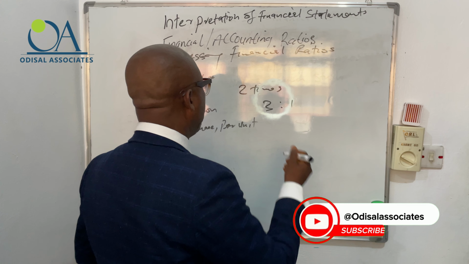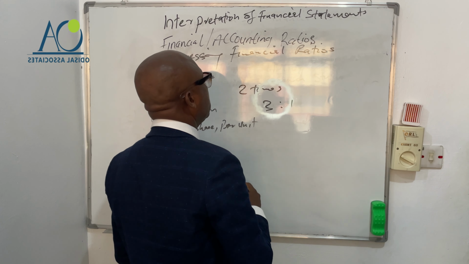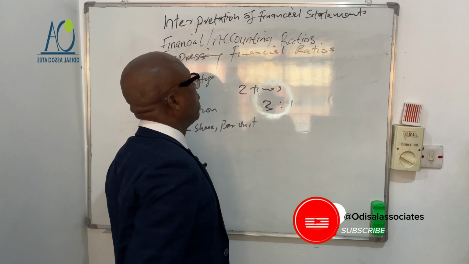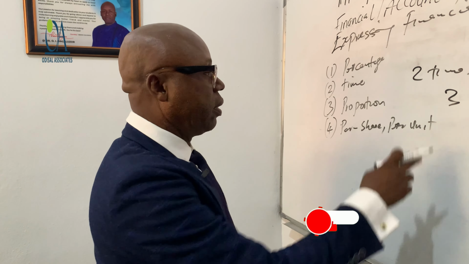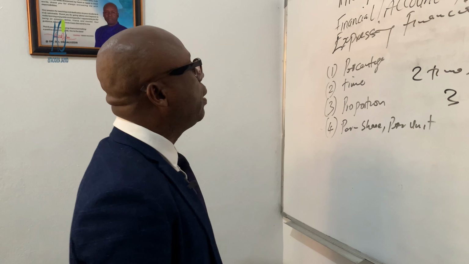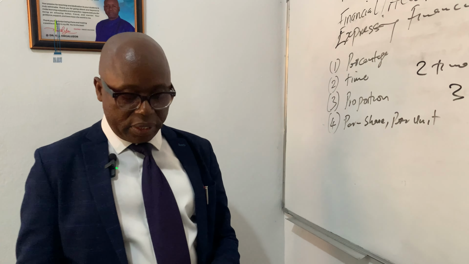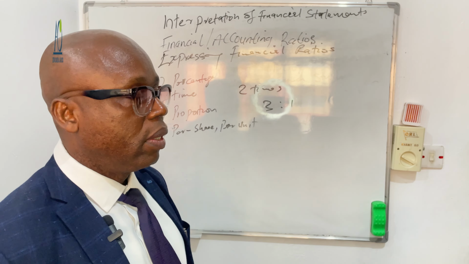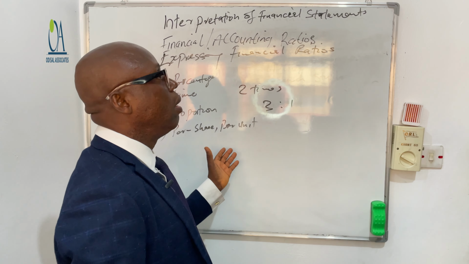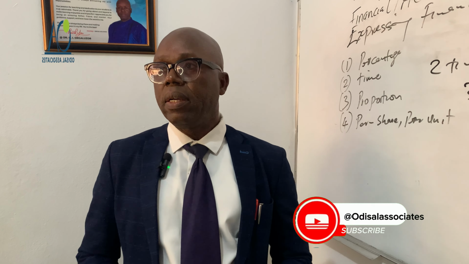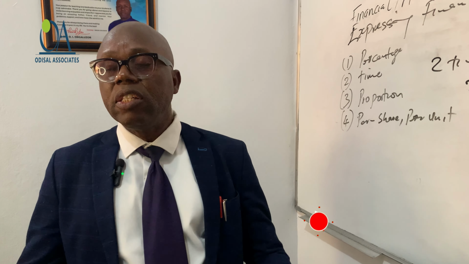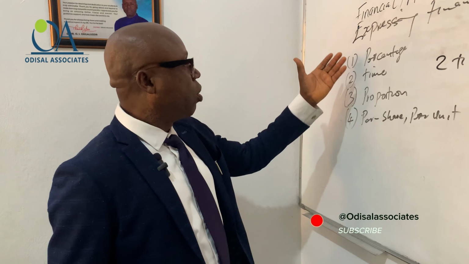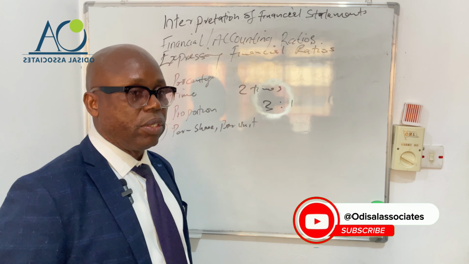So if this is current assets and this is current liabilities, what it means is that current assets cover current liabilities 3 times. 3:1. Then we have per share, per unit, when we express a ratio in monetary terms, let's take something like earnings per share. These are some ways of expressing ratios.